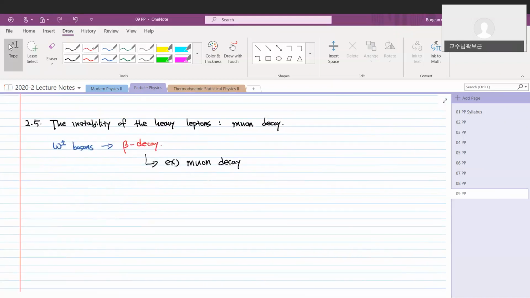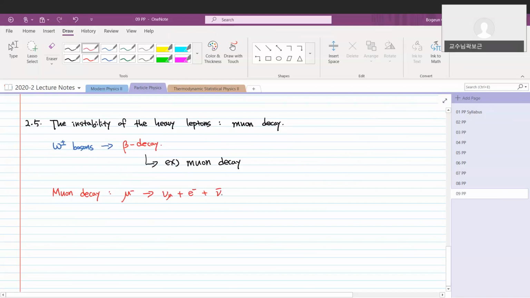So first let's see the reaction equation for muon decay. Mu minus goes to muon neutrino, electron, and anti-electron neutrino.